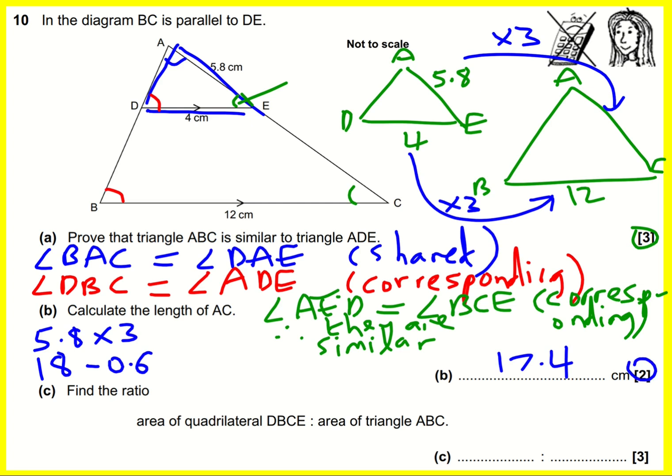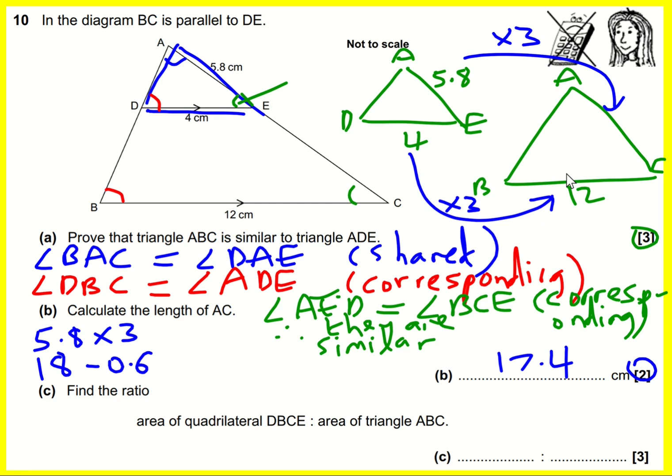Okay, finally, find the ratio of the area of quadrilateral DBCE, oh, I don't like this, to the area of the triangle ABC, so the large one. All right.